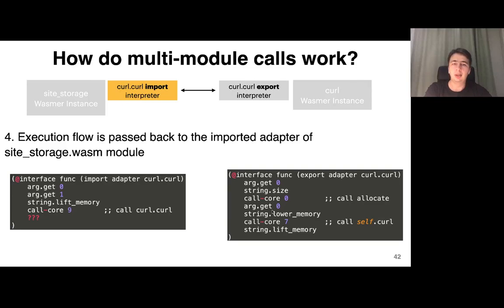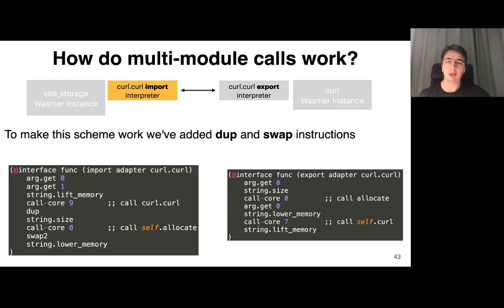And the problem here is that each of these instructions consumes the string from the stack, but in the interface types proposal we do not have instructions for duplicating or swapping values on the stack. To make this scheme work, we have to add these instructions: duplicate and swap.